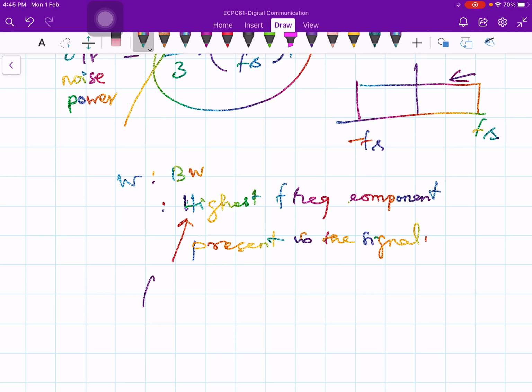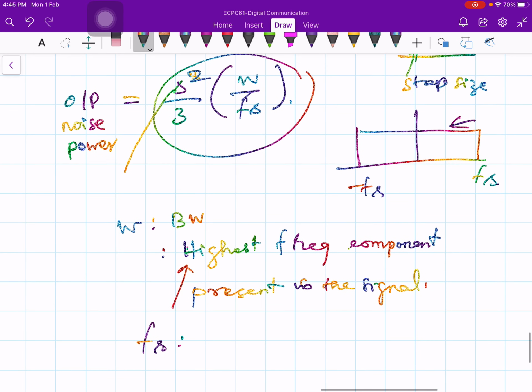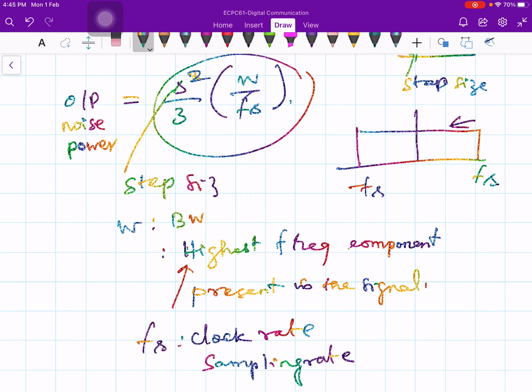And what is Fs? Fs is the clock frequency, or clock rate or sampling rate. W we know, Fs we know, and delta also we know. Delta is the step size. So delta, W and Fs, these three are the parameters of the delta modulator. And W is an attribute of the signal which is being delta modulated.